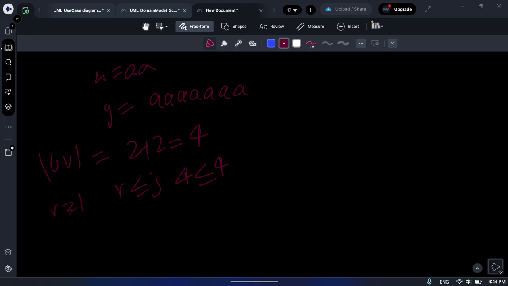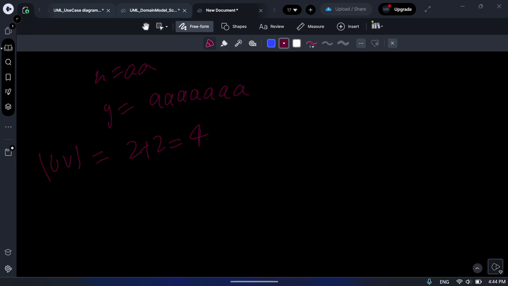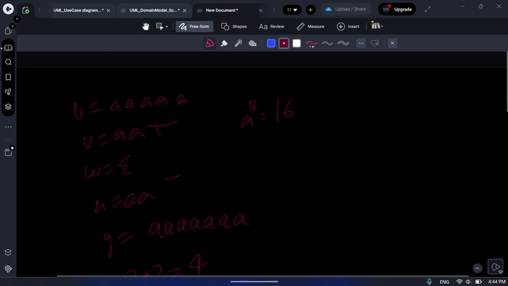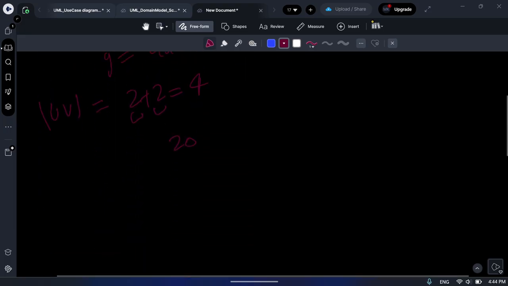All of these conditions are satisfied. So in that way, we can just pump the new a's, and our new string should be length 20 after we pump these 2 times. Of course, it's obvious. We add 2 more extra, then the new length should be 20.